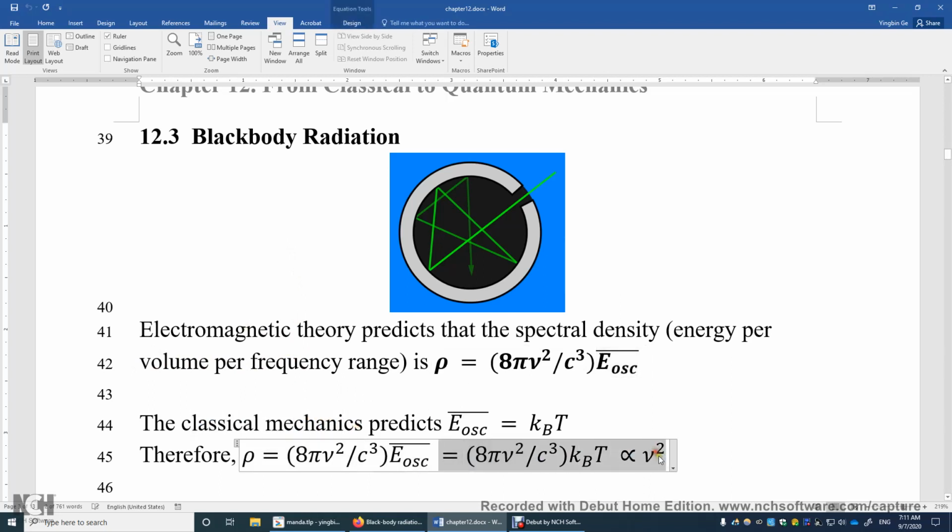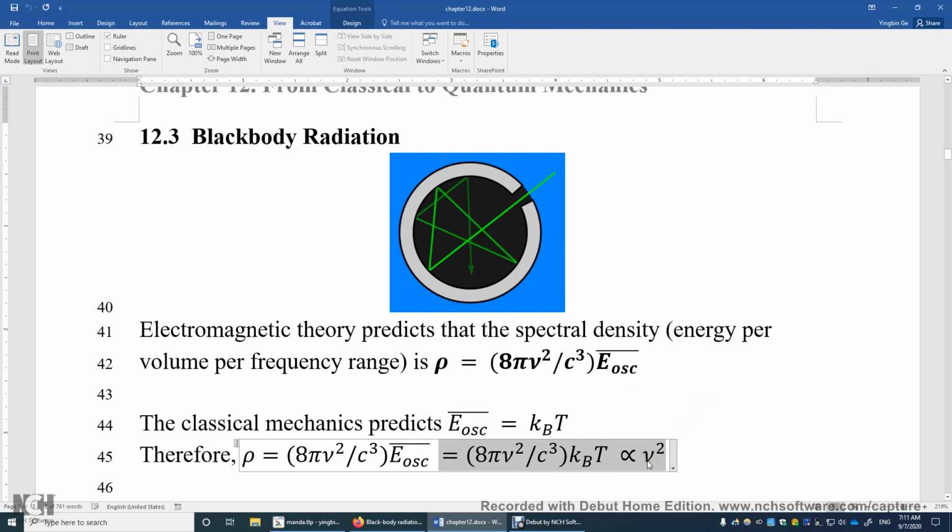This one from oscillation energy to kBT, that's from the classical mechanics prediction of thermal energy. Now if we look at this equation, we can see rho is proportional to nu squared.